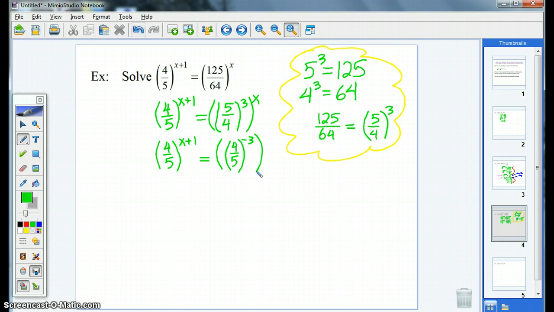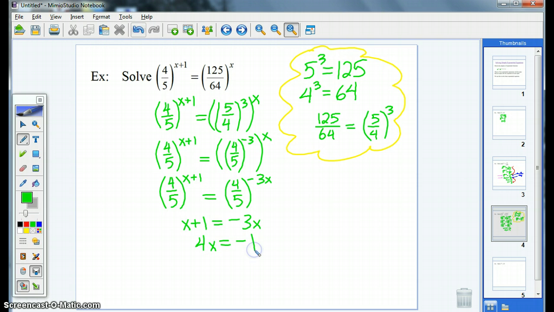So that becomes 4/5 to the -3. All of that is still raised to the x power. And we also know the property of exponents, which says that if you have a power raised to a power, you simply multiply the exponents. So I have eventually accomplished the feat of getting 2 powers equal to each other with the same base, and then I can use my one-to-one property to equate those exponents and finish solving the equation.